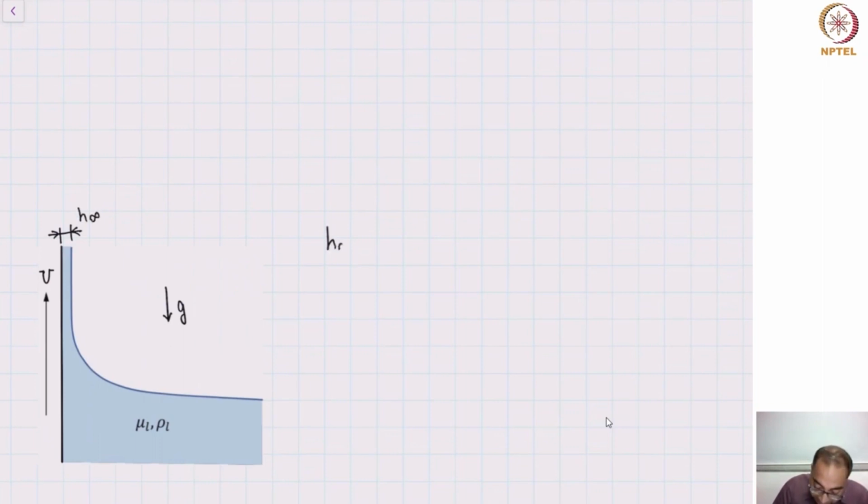What are the liquid parameters? The viscosity of the liquid, the density of the liquid, and then we have some flow parameters such as the velocity of the plate, we have gravity, and finally we have surface tension. So surface tension acts at the interface between the liquid and the gas above.